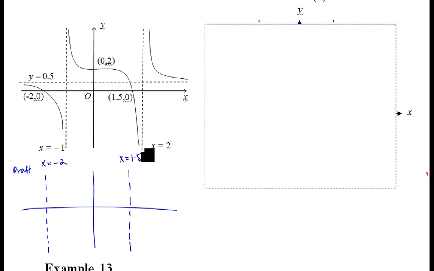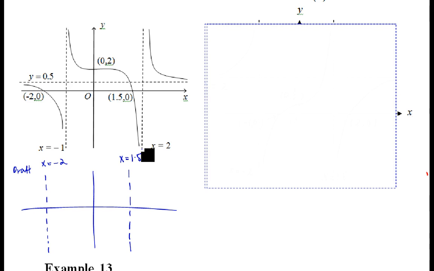So that means no matter how ugly your graph looks, you should have at least these two asymptotes. Alright? And let's see if we can see any more things.